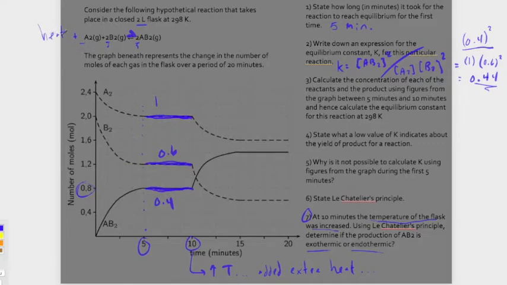I know that because whenever you add excess reactant, the system will shift to tilt the scale back towards the product side by making more products. I need to make more products, and that's exactly what happened. I added extra heat energy. I increased the temperature. In response to that, I can see on my graph that I ended up making more product and consuming more reactant.